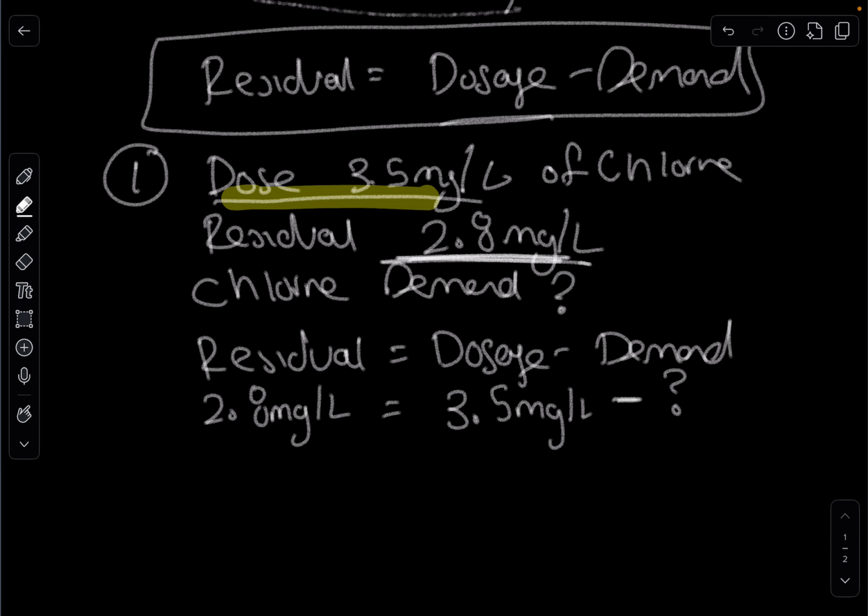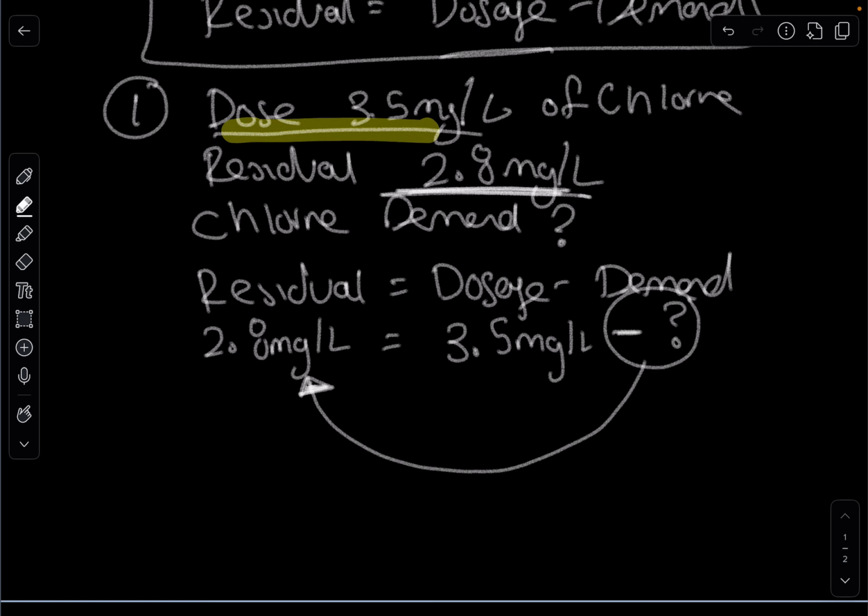So let's get this demand on its own, and I'm going to move it to the opposite side of the equation, because when I do that, this demand now becomes a positive. Remember, whenever you move something to the opposite side, the sign of it switches. So it goes from minus to plus. So our question mark is now plus, and that's our demand.